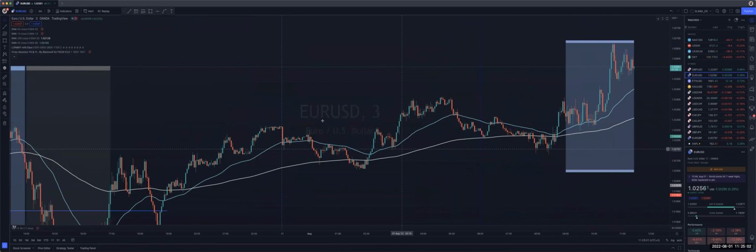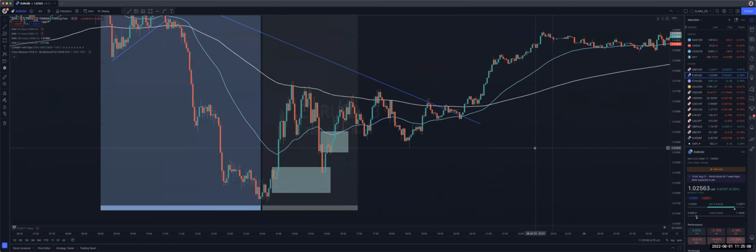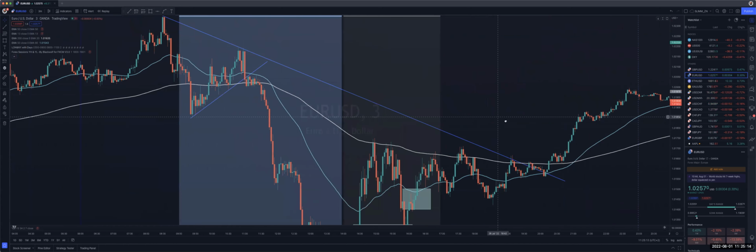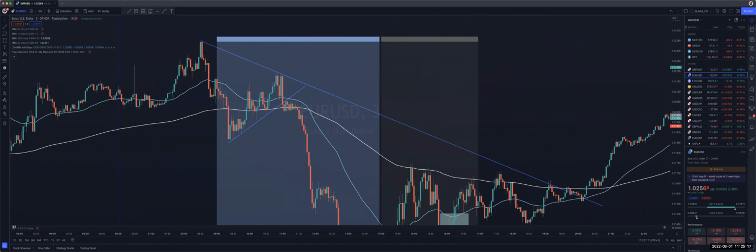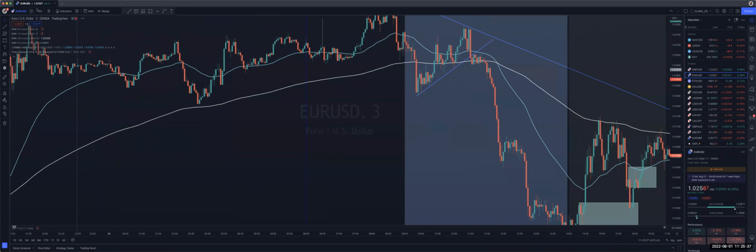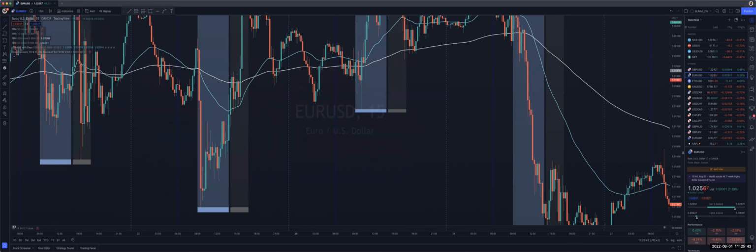And if a trade is not playing out, let me see if I can get an example. I want to use an actual trade which we took, because I remember even on Friday, we had some trades which we exited at break even.